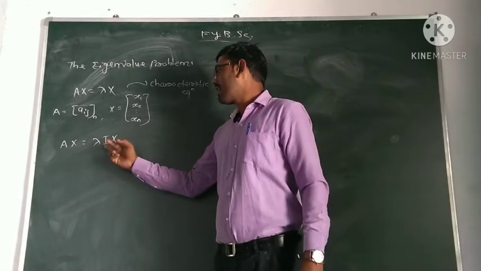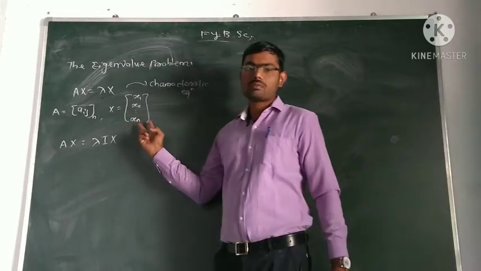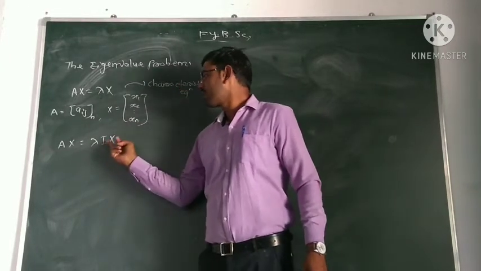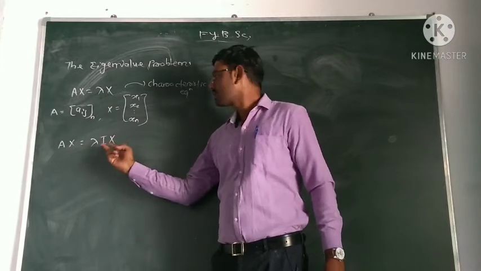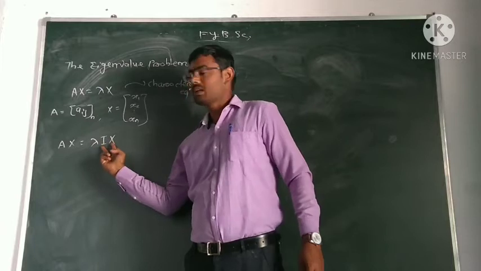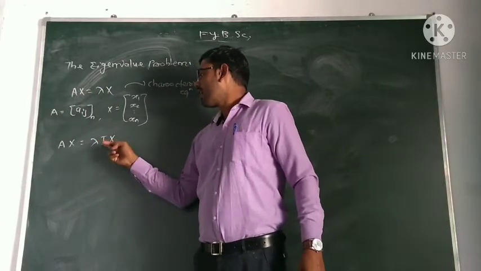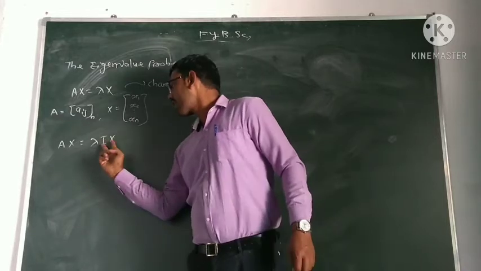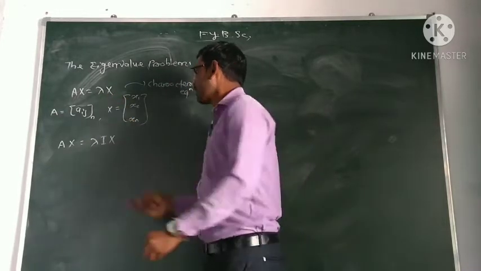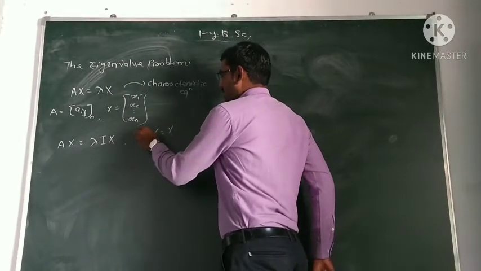Now x is a column matrix, with n rows and one column. We know identity matrix times any matrix x is always equal to x, so Ix = x. So Ax = lambda Ix is the same as Ax = lambda x, because identity matrix into any matrix is equal to that matrix.